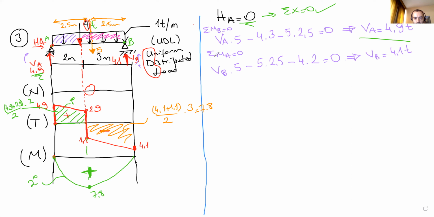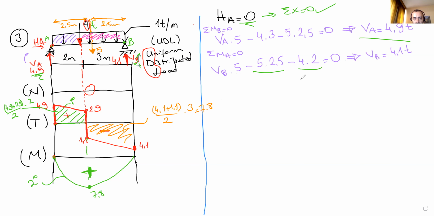Yes, here we have total MA equals 0. VB times 5. I made the assumption this direction is positive. Okay. VB times 5 minus 5 times 2.5. This is the UDL's moment.